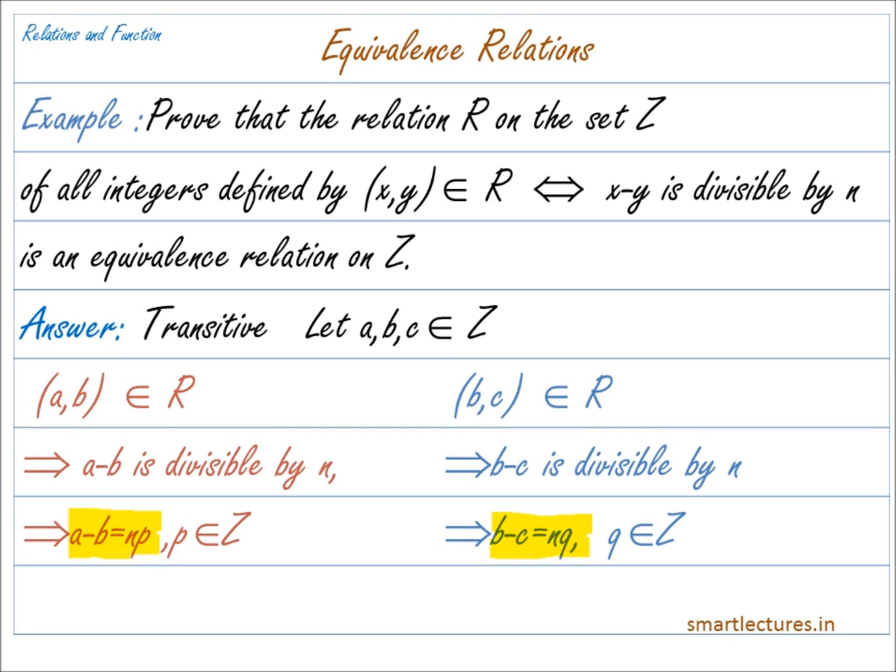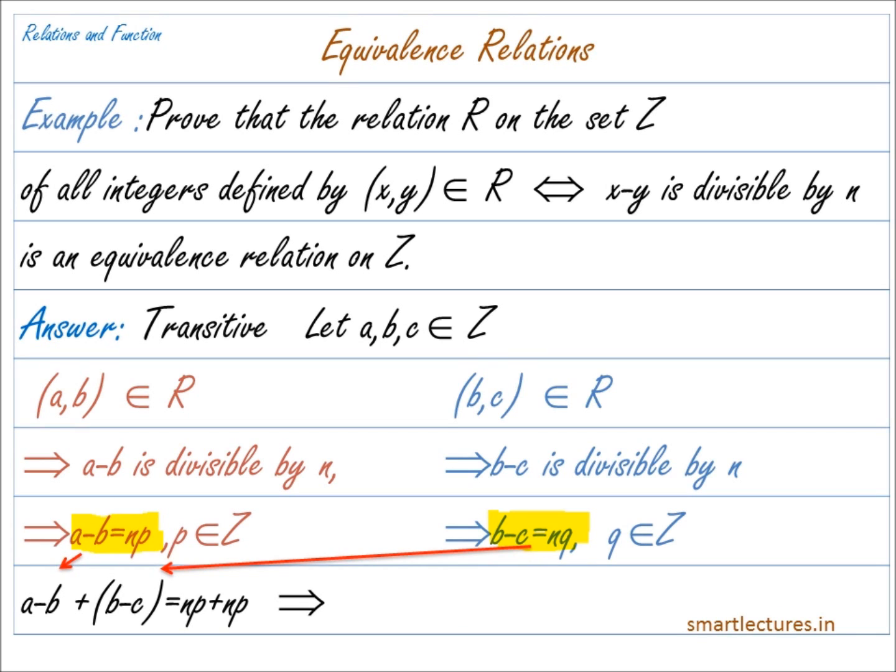Now suppose we add both the equations, then it becomes A minus B plus B minus C is equal to NP plus NQ, or A minus C is equal to N into P plus Q. Now P and Q belong to Z, then P plus Q also belongs to Z. So P plus Q is also an integer.